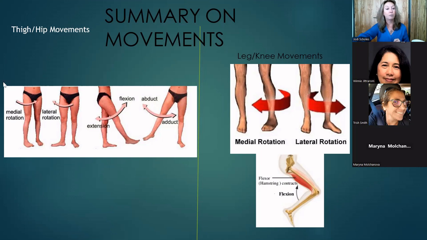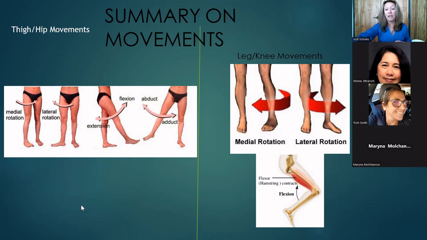All right. So this is hip. This is knee. So we've got all these movements of the hip. The hip is the femur. The knee is the distal end of the femur. The hip, the proximal end.